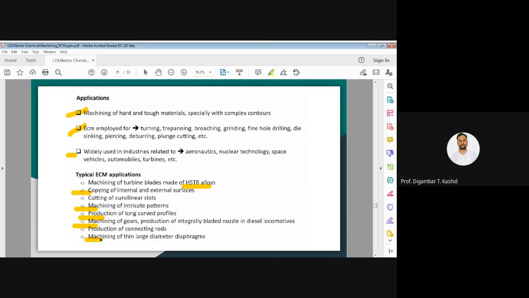So all these applications are possible, all this machining or production is possible using ECM. These are some applications of electrochemical machining.